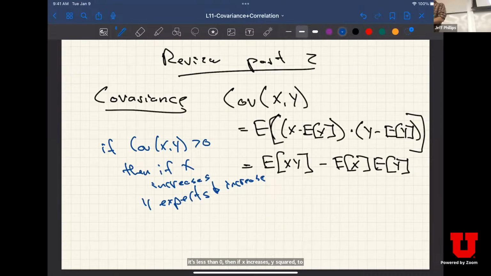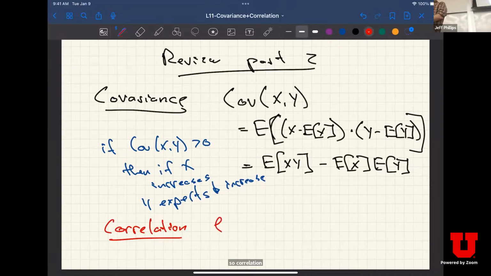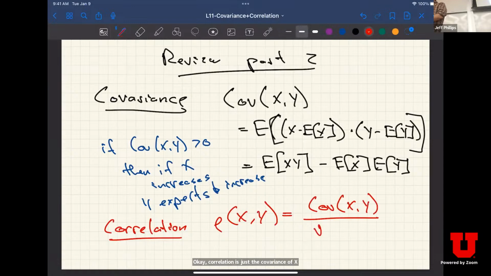Okay. Then you should probably know correlation. Correlation is just the covariance of x, y divided by the variance of x times the variance of y, and it's the square root of that.